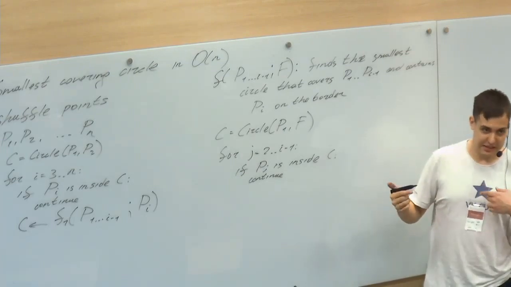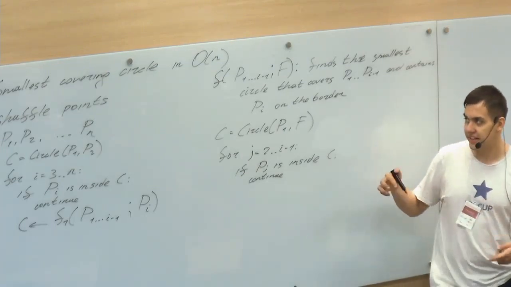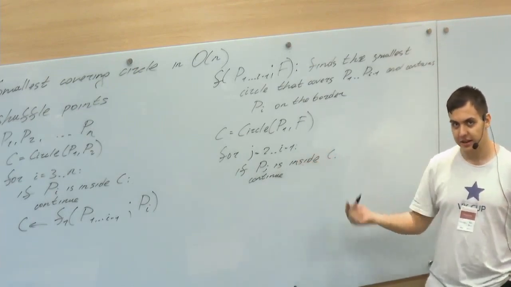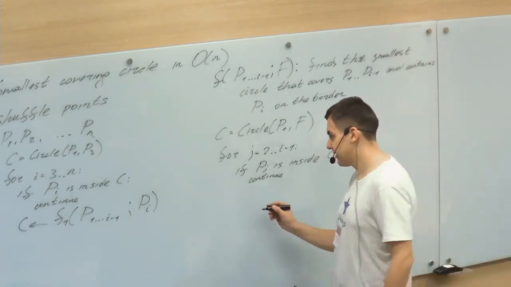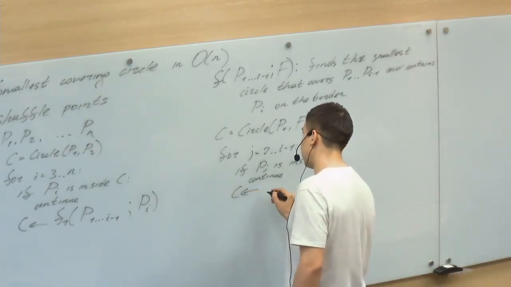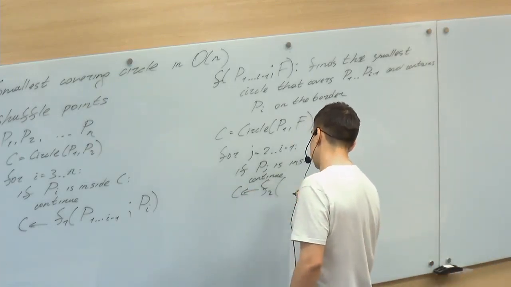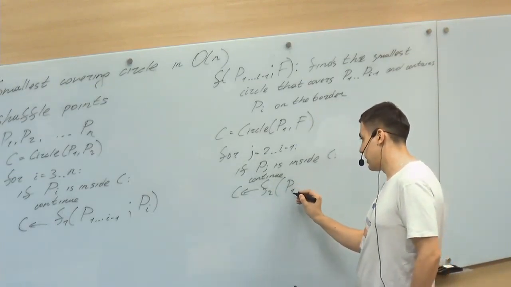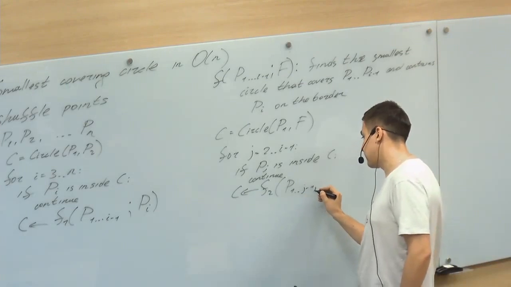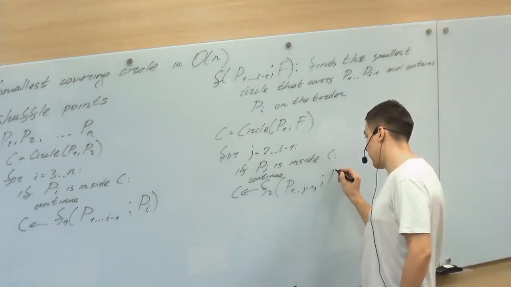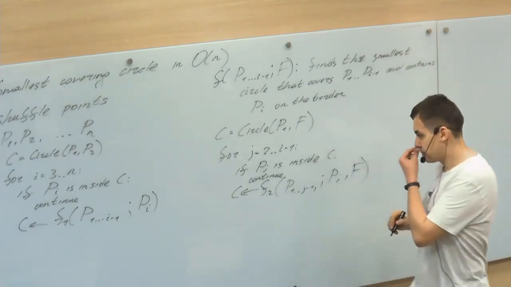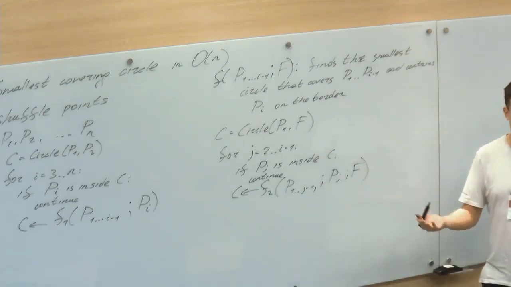let's do the same. Let's call another recursive function that, given 2 points on the circle, finds the smallest circle that encloses all the points before it. Let's call it F2. So we have P1 up to Pj minus 1, and also we have Pj, and also we have Pi. Well, F2 is easy, right?